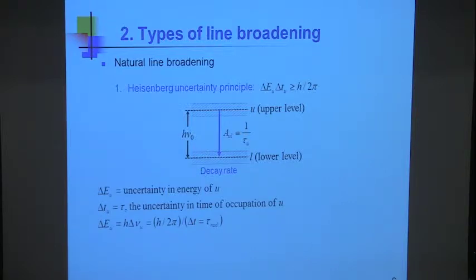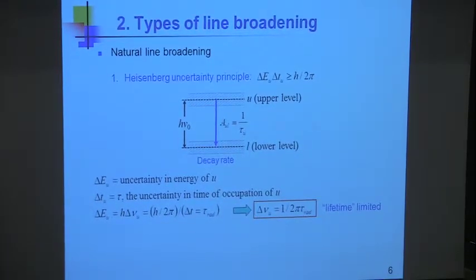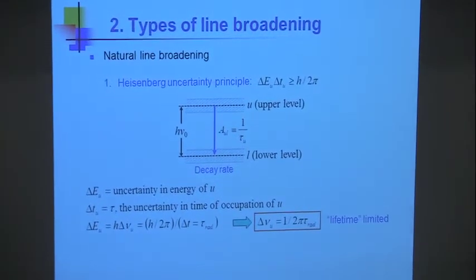So there's no longer discrete values of these energy levels. They're actually a little fuzzy. Therefore, there's going to be fuzziness in the absorption line shape. So the so-called full width at half maximum is going to be 1 over 2 pi tau. That we call the lifetime limited line width of our line.